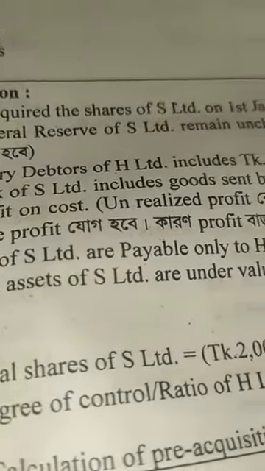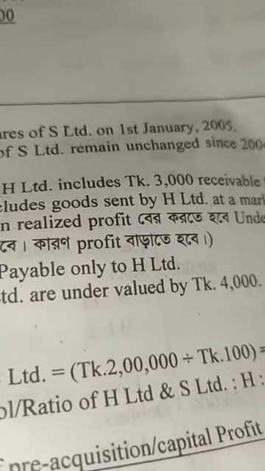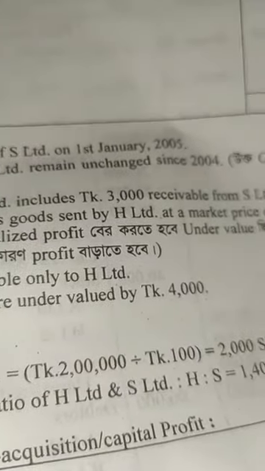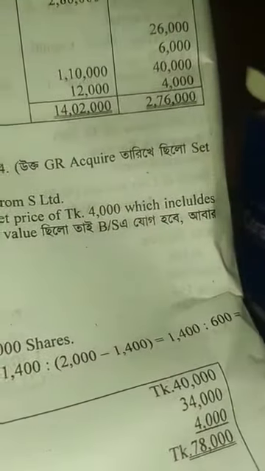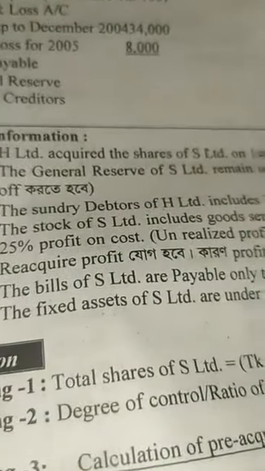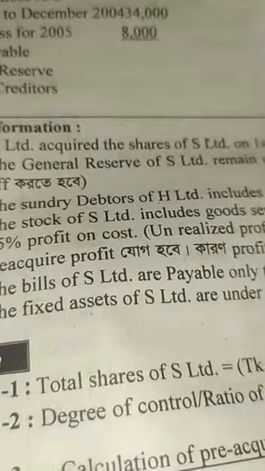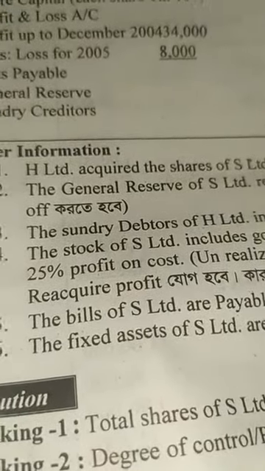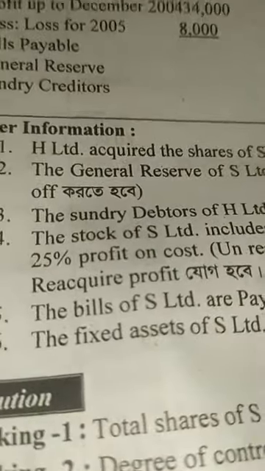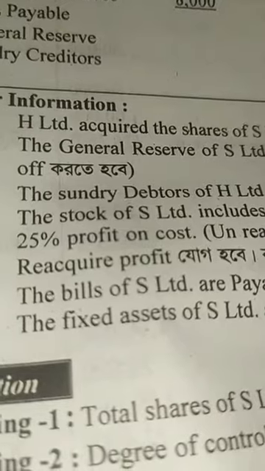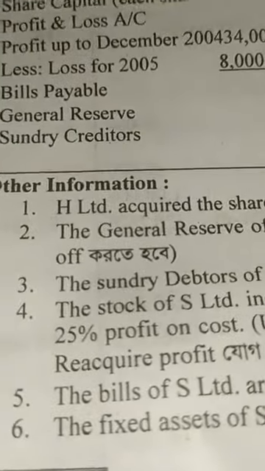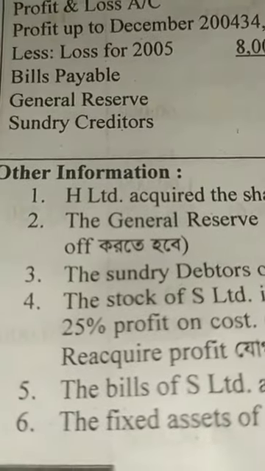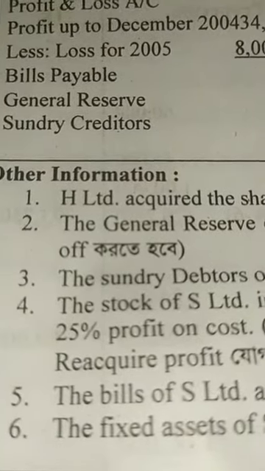The stock of S Limited includes goods sent by H Limited at a market price of Taka 4000, which includes 25% profit on cost. That means 4000 of stock is unsold and is now in the godown of S Limited.